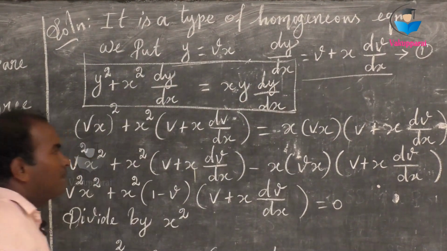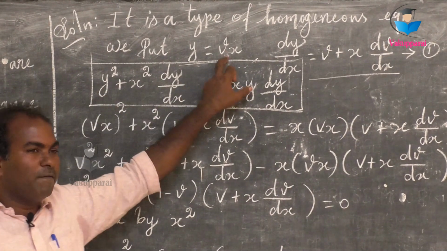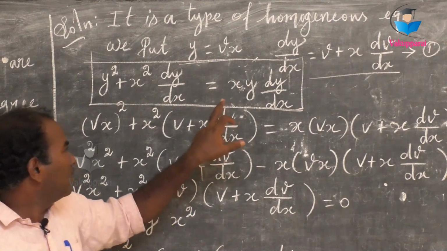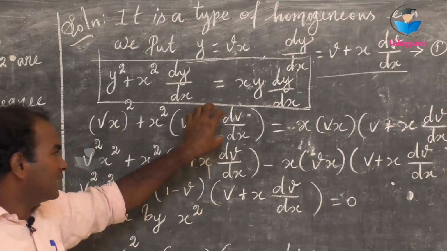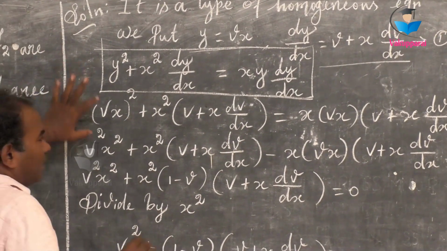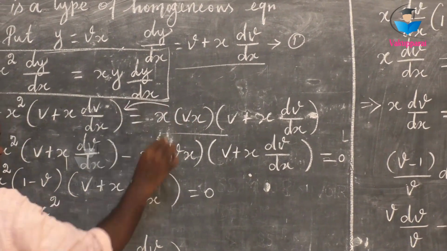Consider the equation. Instead of y, we put the value of vx. Instead of dy by dx, we put the value of this one. We are just applying. After that, when a term comes from this side, the sign will change.